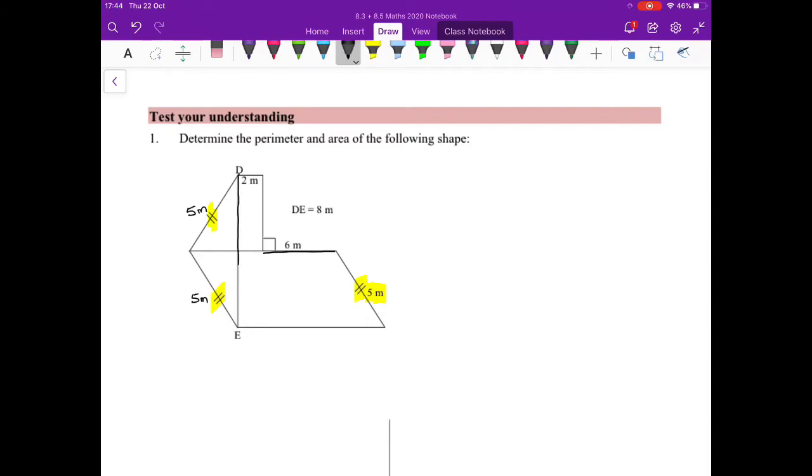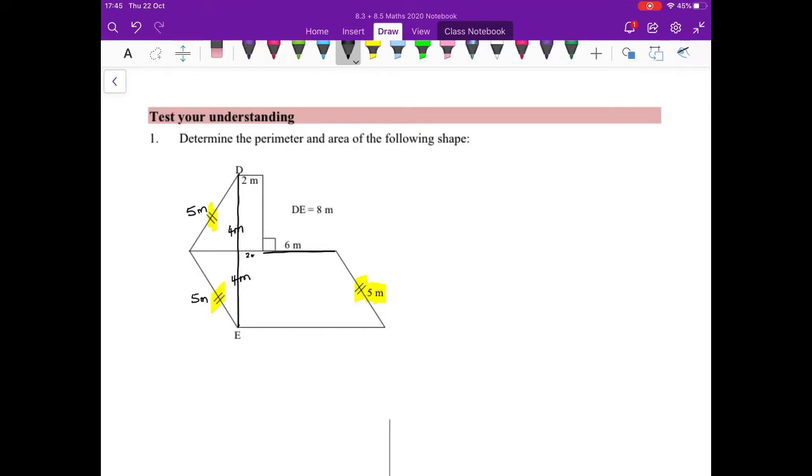DE is 8 meters. Now, if that is 8 meters and we have an isosceles triangle because of these markings, then I could say that this is 4 meters and this one is also 4 meters. What else can we find?